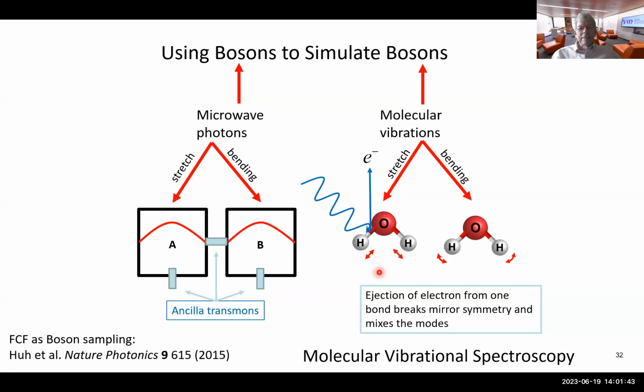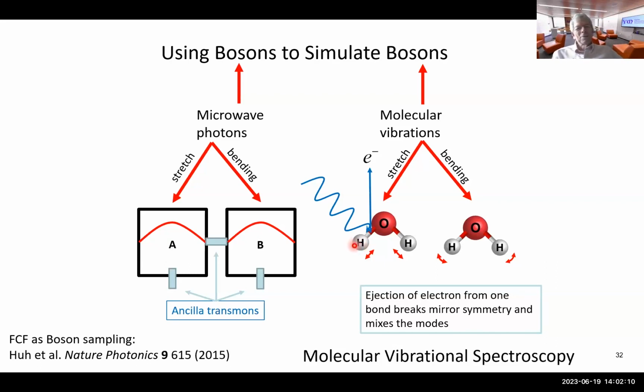So the idea is you send in a high energy photon, optical photon, and you eject an electron from one of the bonds, either this bond or that bond, okay? So I've removed a bonding electron. So this bond is going to get weaker, and it now wants to relax and get longer, let's say. There's less attraction.